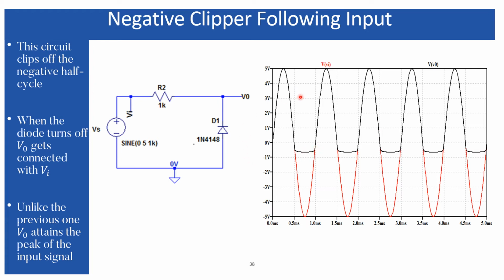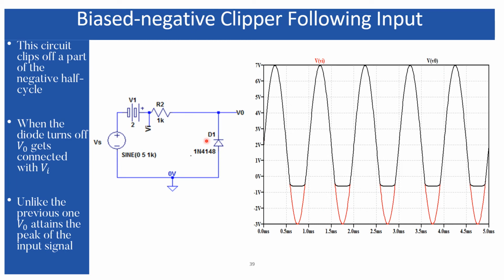So this particular negative clipper circuit is much more efficient than the previous one, because here, at least for a positive half cycle of the input signal, the output voltage is following the input entirely. Similarly, in the biased negative clipper case also, if you apply the DC voltage in the manner I used in the last circuit, you can see the positive peak is attained by the output voltage.